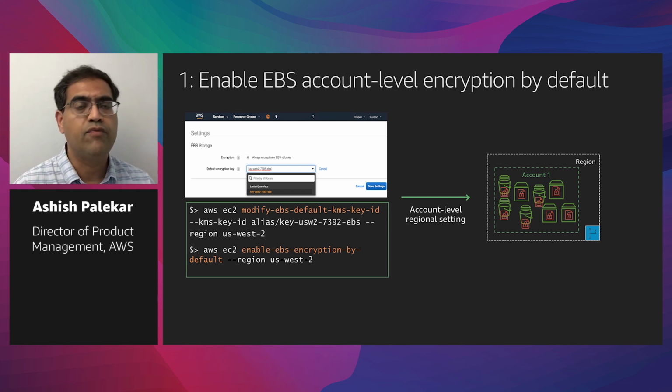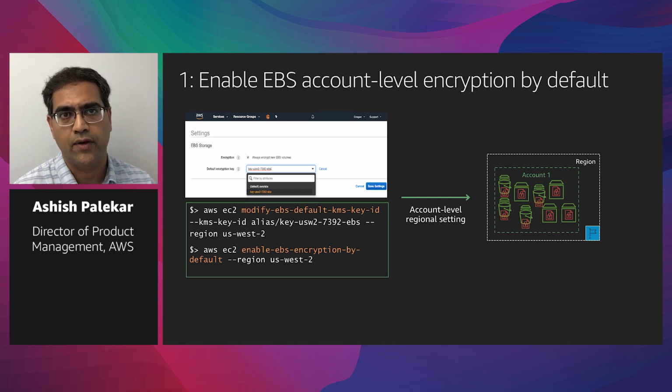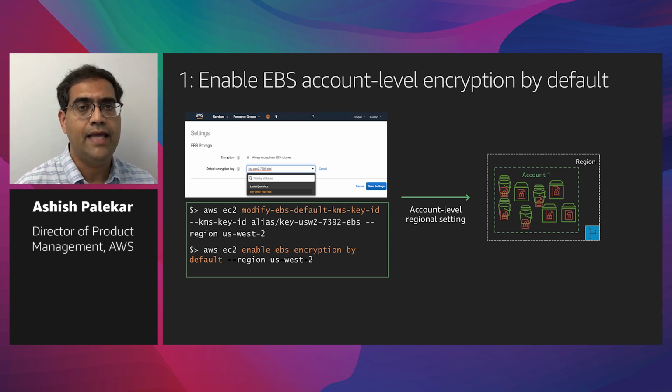In other words, if you were launching an unencrypted volume, your workflows broke. Or what some other customers would do is, if their end customers launched an unencrypted volume, then they as administrators would encrypt the volume on their customer's behalf, detach the unencrypted volume, attach the new encrypted volume, and then off the end customers would go. In either way, this was operationally challenging.